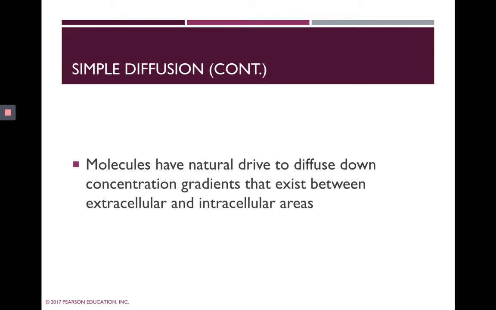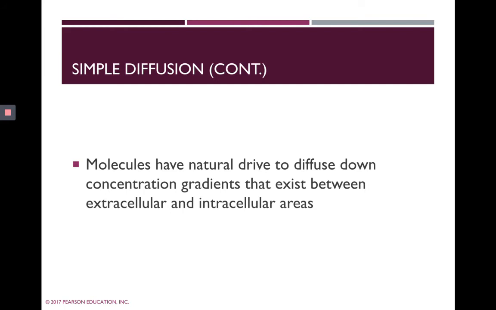Even though they're not saying there's energy, and maybe you don't want to assume that there's no energy, you want something else to give you a for sure hint that it's definitely a type of diffusion or a type of passive transport. The term down its concentration gradient would be your clue, because if something's going from high to low, it's passive transport, and no energy is mentioned. So this is an example of passive transport, specifically simple diffusion.